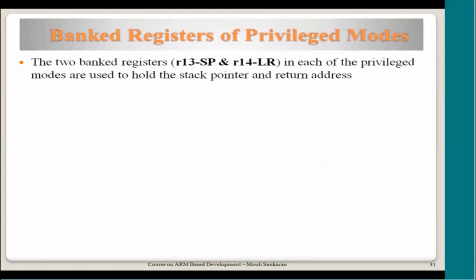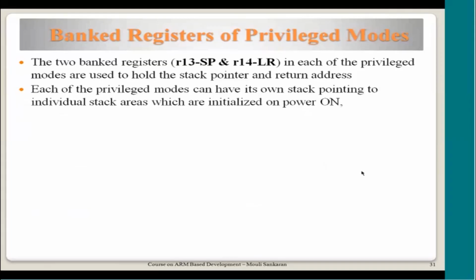Now let us see what the special privilege mode registers are for, and let us take an example. These special registers, like the stack pointer and link register, are banked registers. They are used for holding the stack pointer and return address. So why do we need special registers for every privilege mode?